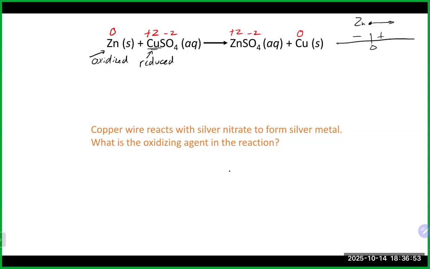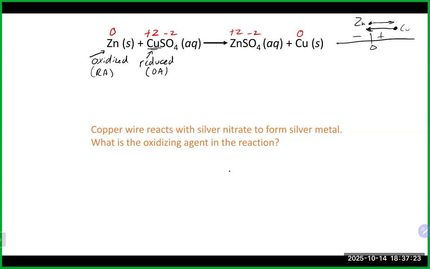And I know that as well. We could go to our chart. Copper starting on the left-hand side at +2 and ending on the right-hand side at 0, heading towards the negative side, which means it is going through reduction. And that would mean in this particular case, the zinc is our reducing agent and the copper(II) is our oxidizing agent. Again, opposite of what is occurring.